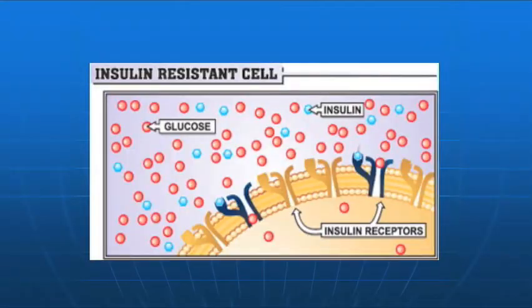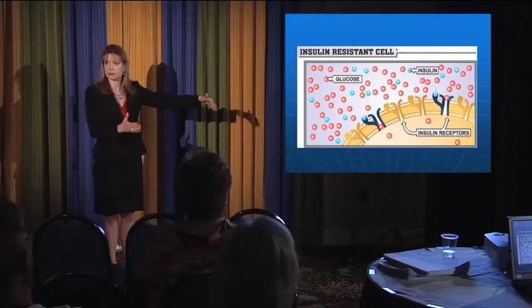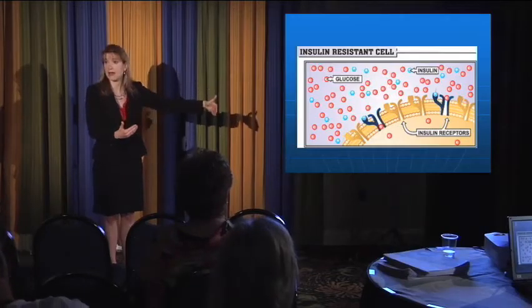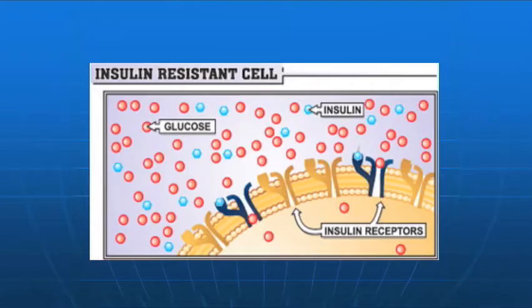So the body is still making insulin, but it doesn't work properly. So when you see those receptors, a lot of them are disabled. There's only 2 that are functioning in this particular cell where the insulin is attaching and glucose is allowed to enter the cell. So you see here that there's hardly any sugar on the inside and most of it is stuck outside.